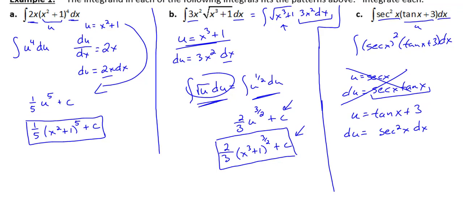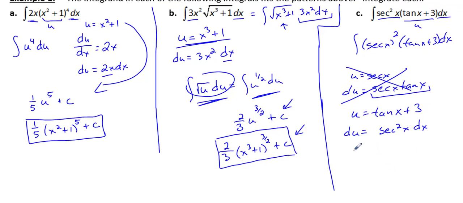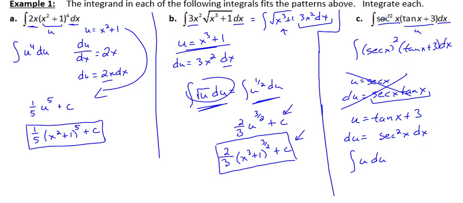No other manipulation will be needed. That's how we can ramp these problems up a little bit. So this is just u du, and that's it. One nice thing about some of these trig functions, they look really messy at the beginning. You pick a correct u, the antiderivative is really easy.